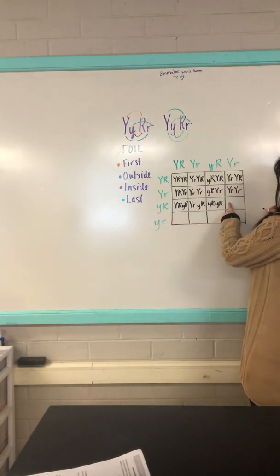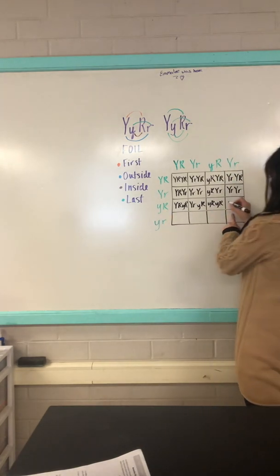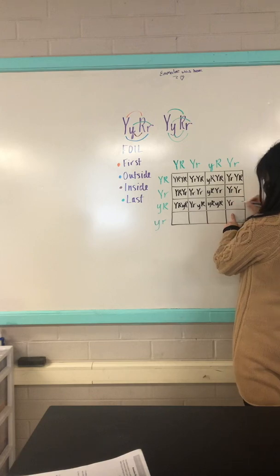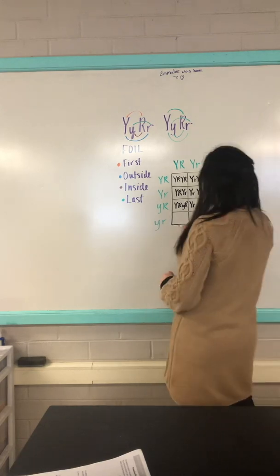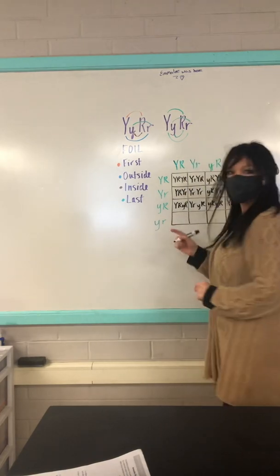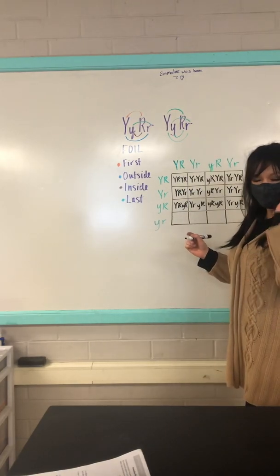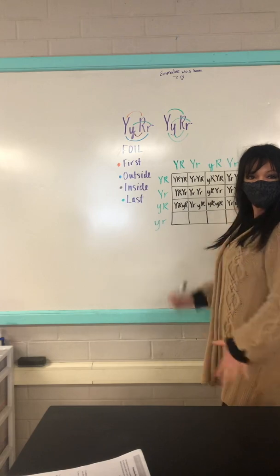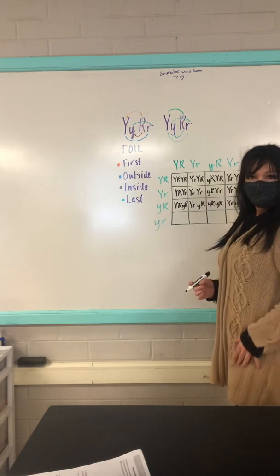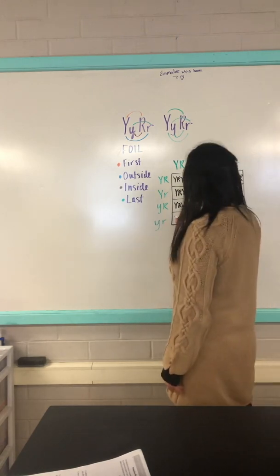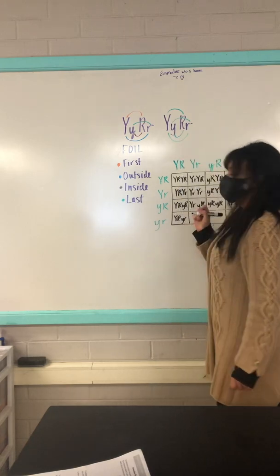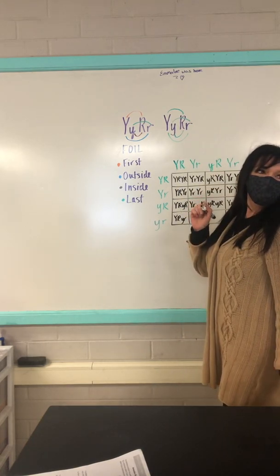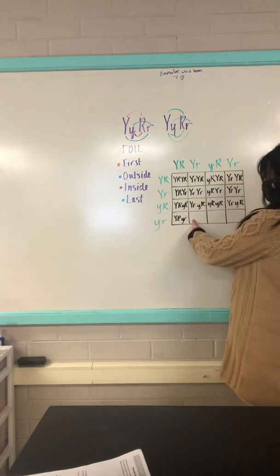Hey, Michaela, this one. Big Y, little R. Little Y, big R. Kinsley. Big Y, little R. I mean, big Y, big R. Little Y, little R. Abraham, this one.